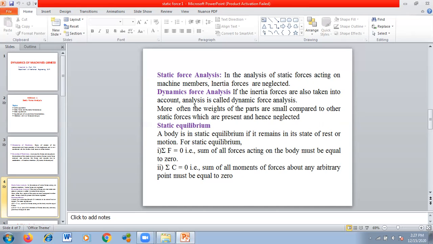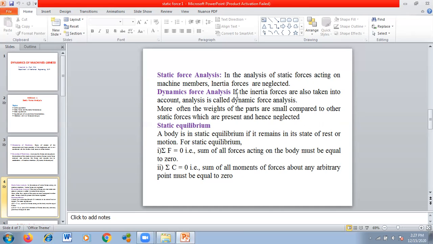If the inertia forces acting on the mechanism or a member are neglected, then it is called static force analysis.